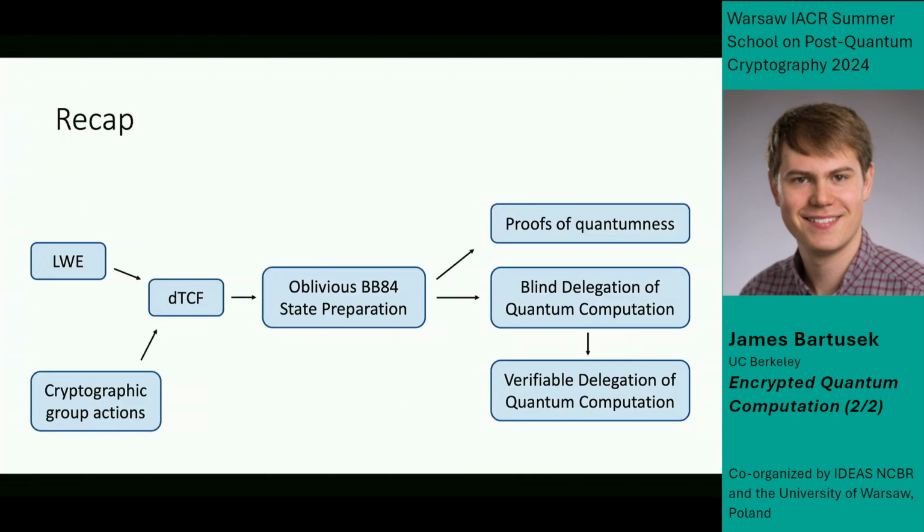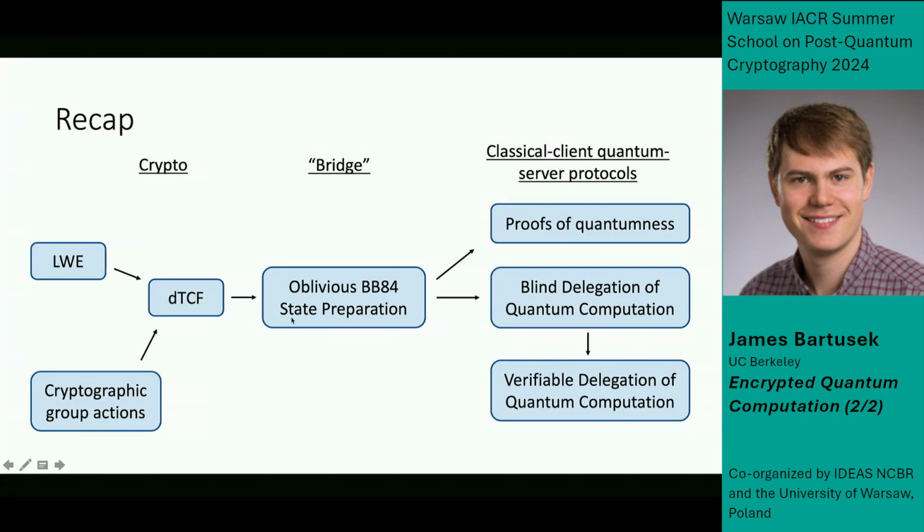Good. Yeah, so let me just basically recap what we saw, because I only have a few minutes. On the one hand, we show that using post-quantum crypto, we can construct this notion of a trapdoor claw-free function.